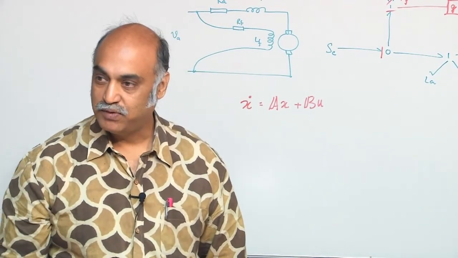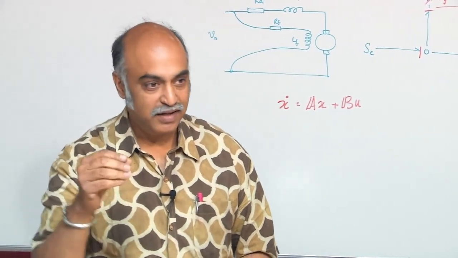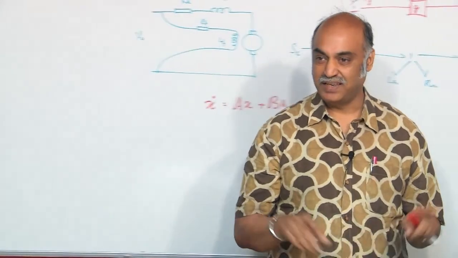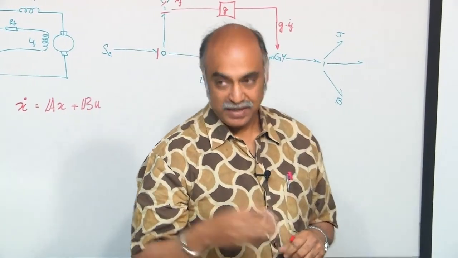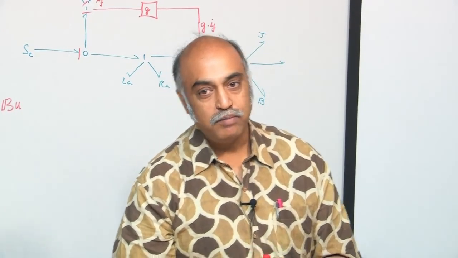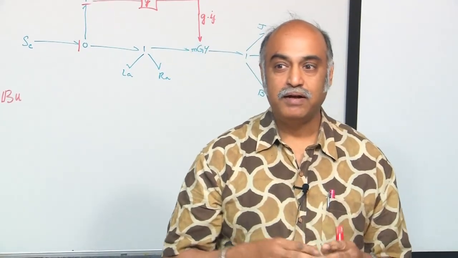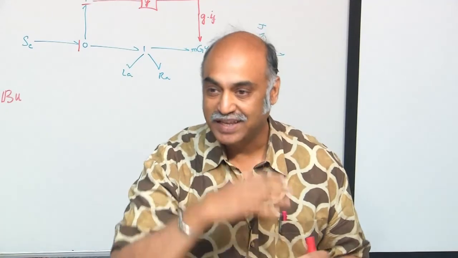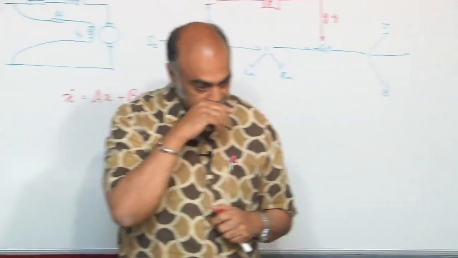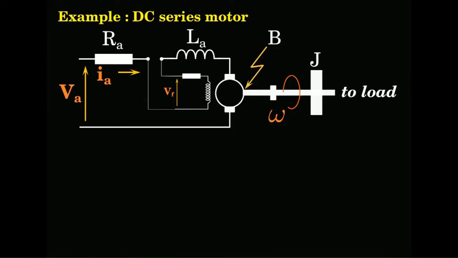Even the simplest of your converters, buck converter, boost converter, all will have nonlinearities coming in, and you have to do some extra processing, that is linearization processing, to bring it into a form which is amenable for application of our control theory, okay, and then use it.